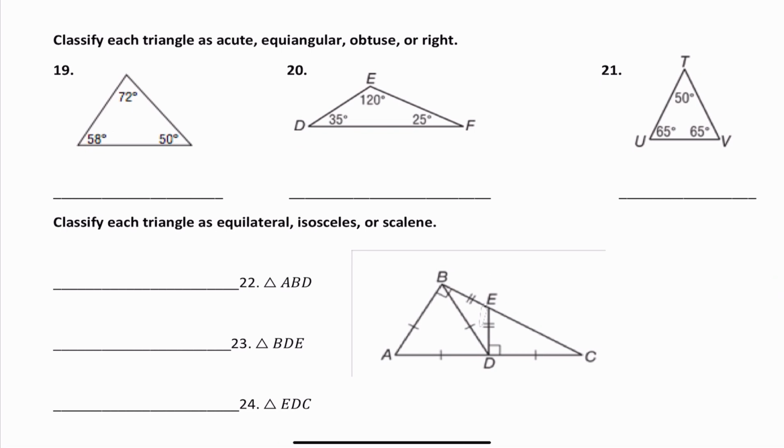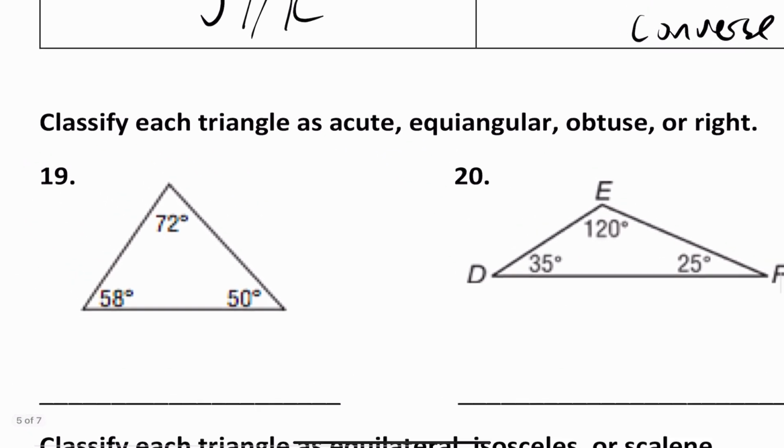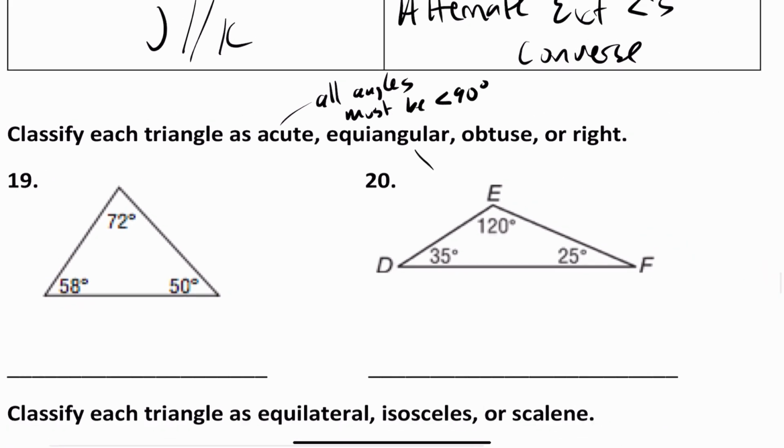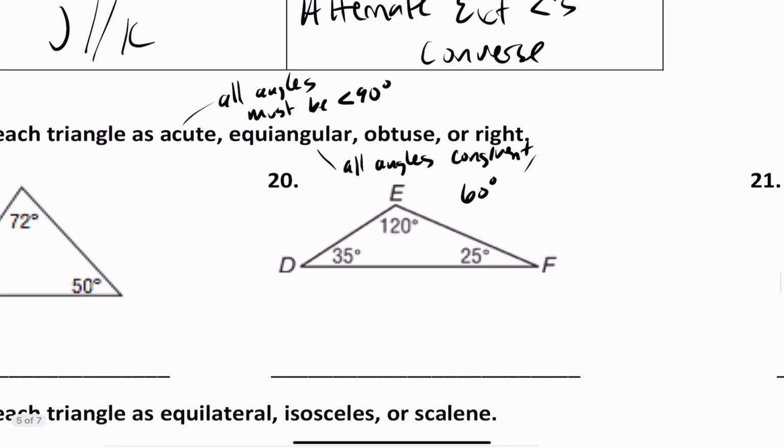Classify each triangle as acute, equiangular, obtuse, or right. So with acute, all angles must be less than 90 degrees. And with equiangular, all angles are congruent, and usually they're just 60 degrees each.